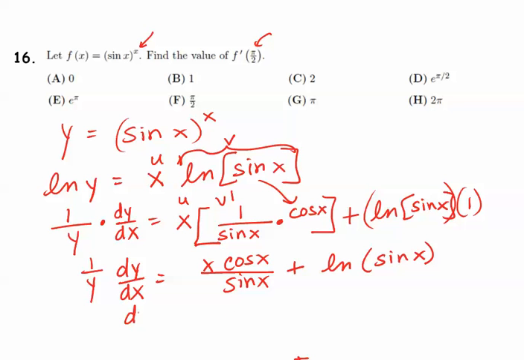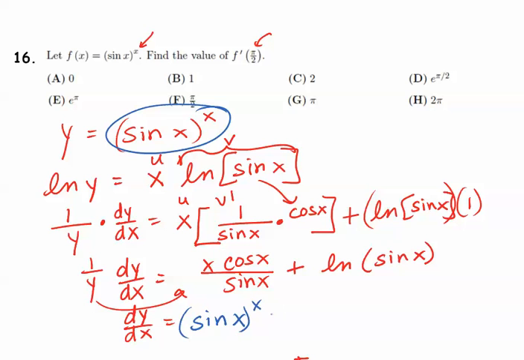And then our dy dx, if we clean this up, we want to multiply this y to the other side. And instead of writing this as y on this side, can we replace it with what y is equal to? Sine of x to the x.